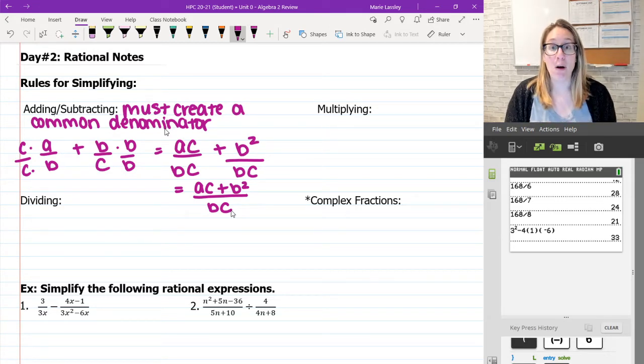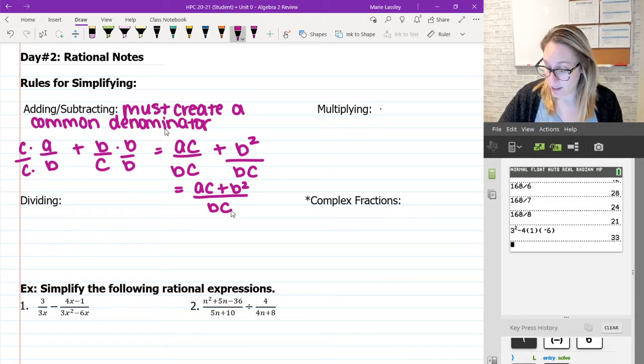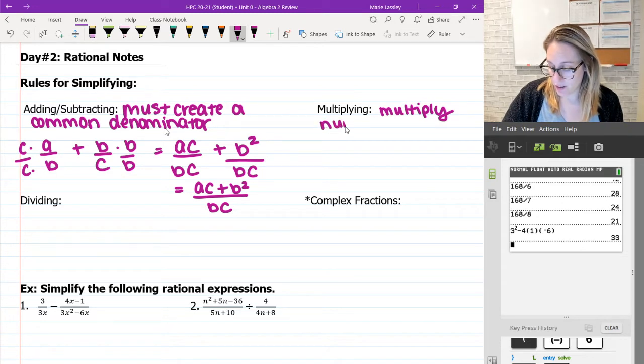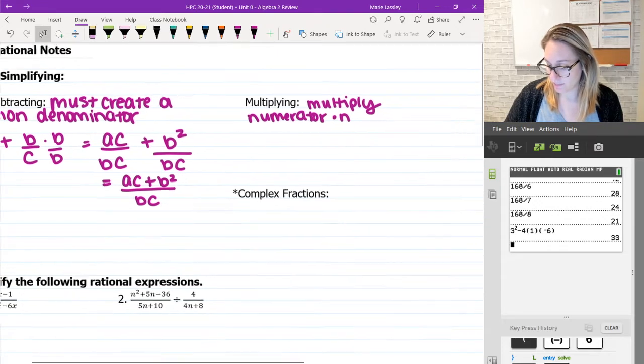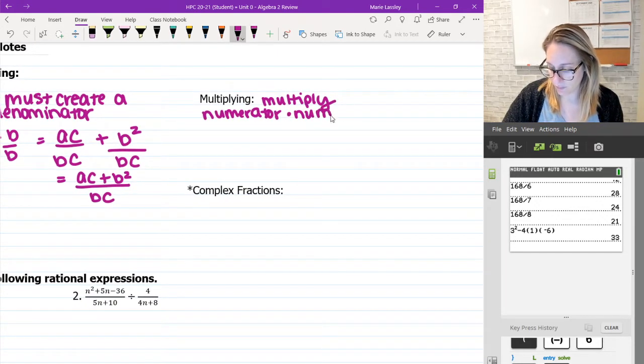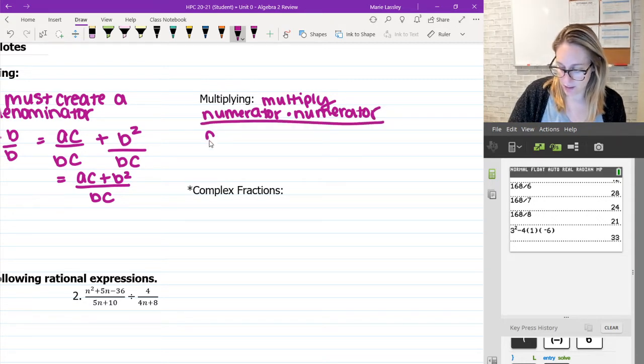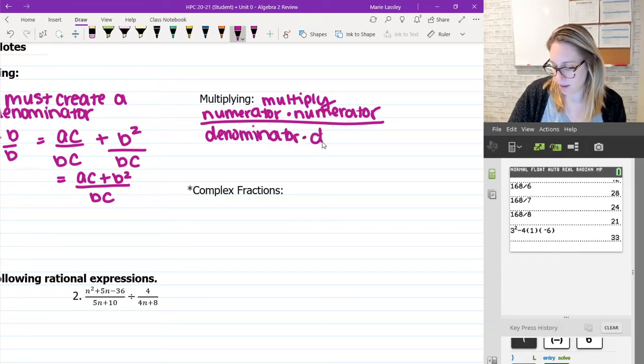Multiplying is probably the easiest one out of all of them because there's nothing special that you have to do. You just want to multiply straight across: numerator times numerator over denominator times denominator.